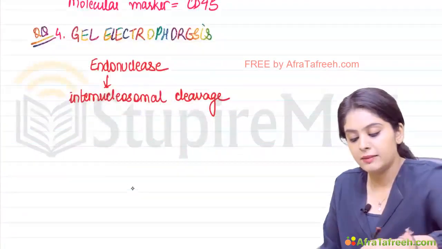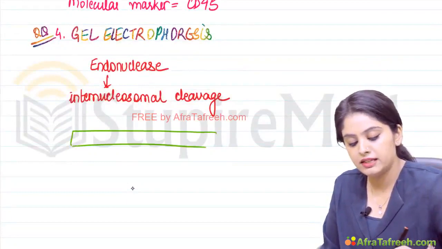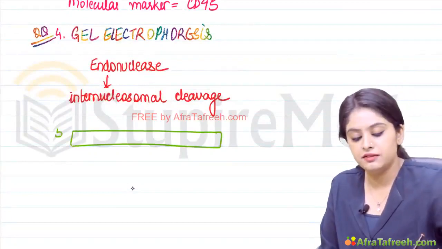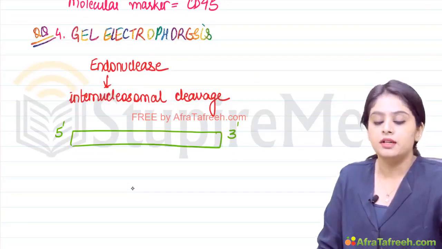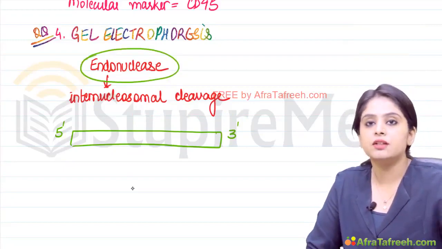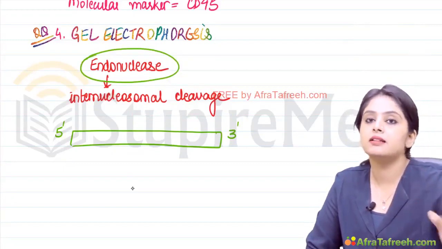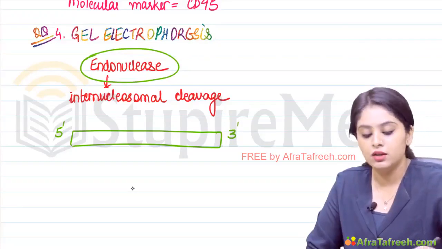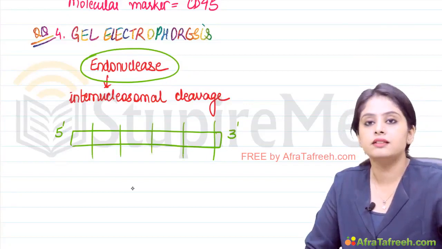So let's take the example. For example, if this is one DNA, this is the 5' end and this is the 3' end. Now what is this endonuclease going to do? It will go and break the nucleic acid material, so it is going to break the DNA like this.